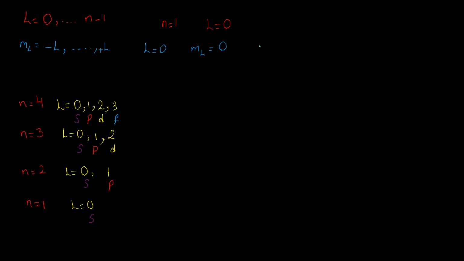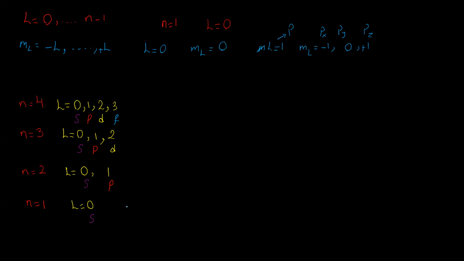But if L is equal 1, it means ML can be from negative 1 to positive 1, that is 0 in between. We know L 1 is P, so it means we have 3 types of P orbital that we name Px, Py, and Pz.